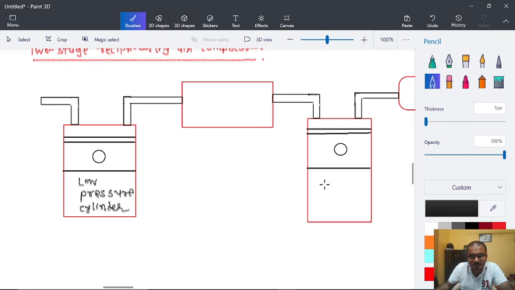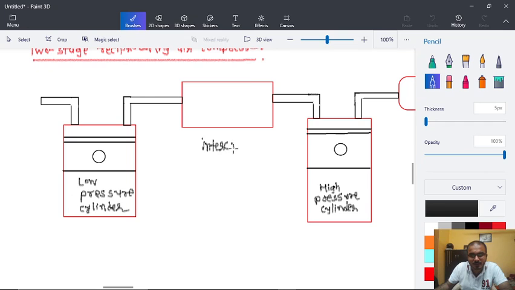This will be the high pressure cylinder. And in between we are having the intercooler.